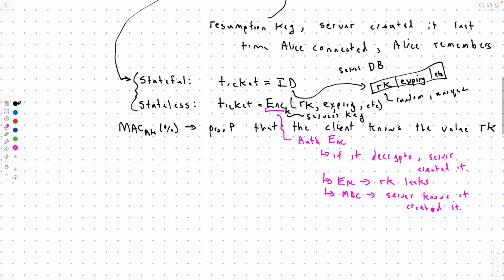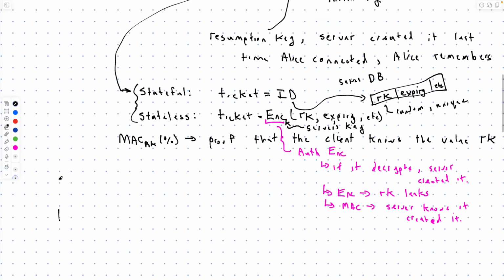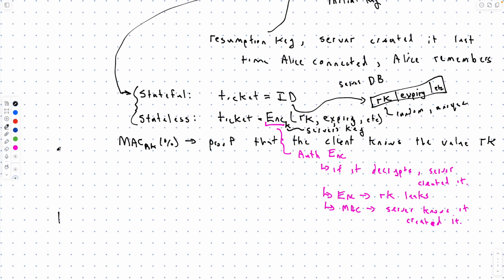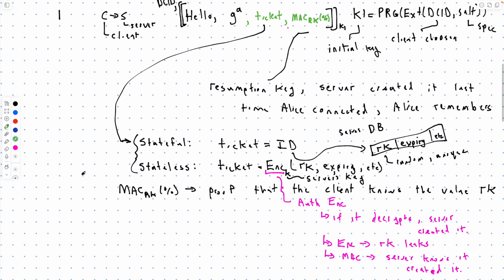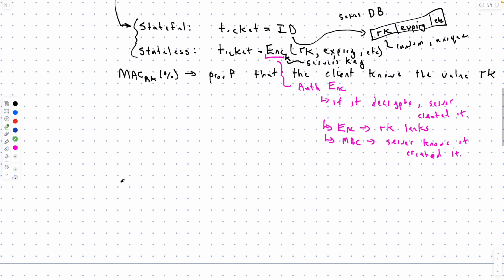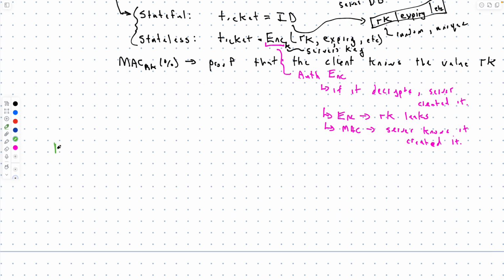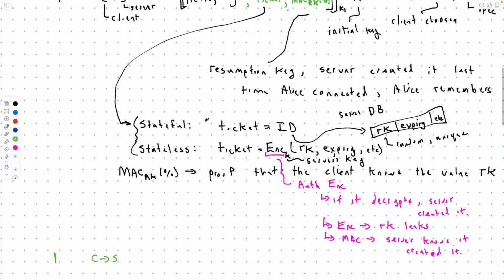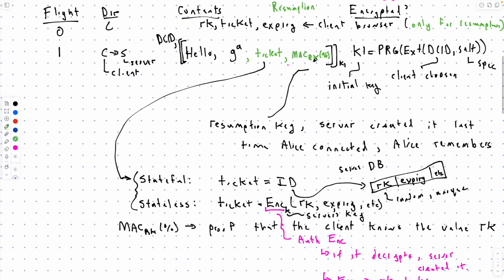Now on flight 1, because we have this RK value, we can do something else, but only on resumption. If we're not resuming the connection, then we're going to wait for the message to come back. But if we're resuming, we can actually just start sending data, and we're going to effectively encrypt it with the resumption key.